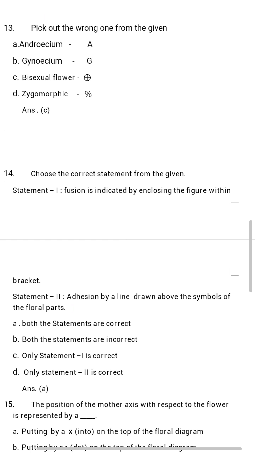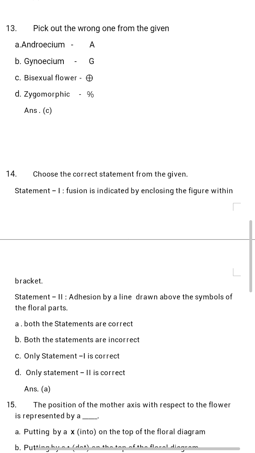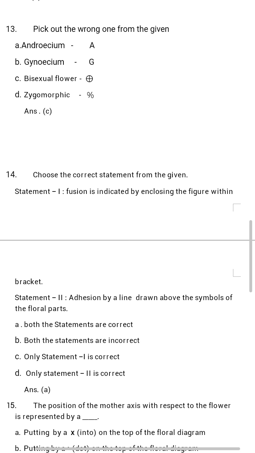Next, bisexual flower is not indicated with the plus and circle. It is just like a doctor's symbol, icon. Bisexual flower is generally indicated with an arrow mark on the top side, a plus at the bottom, and an O centrally present.